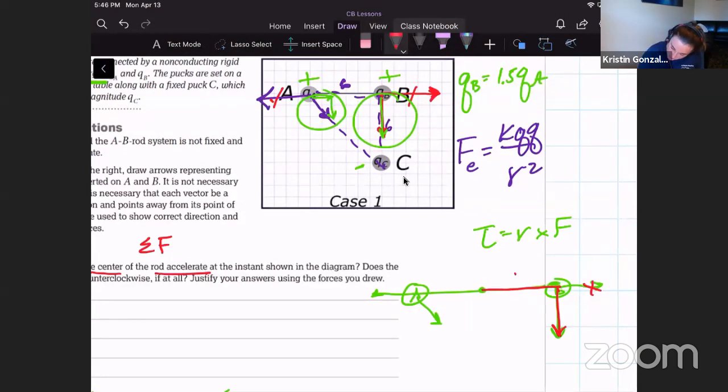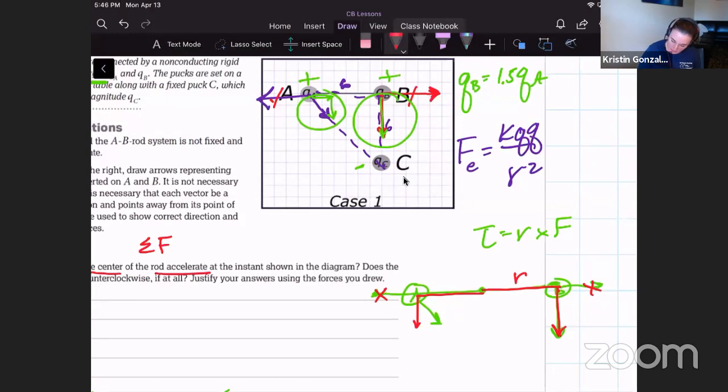But I do have a torque R, the half of this rod, times that force going downwards towards C. And if I look at this one, I've got R cross F, which would only be this component of the electrostatic force, right? Again, no torque here because it's acting through that pivot.